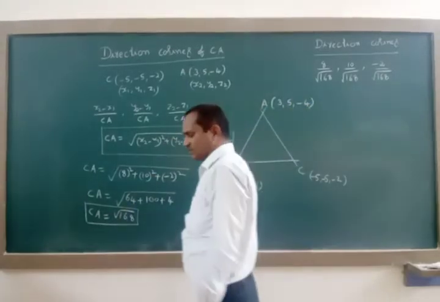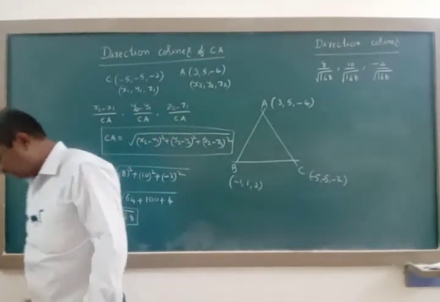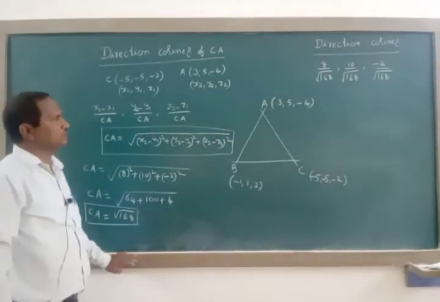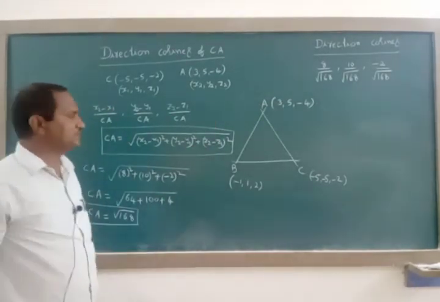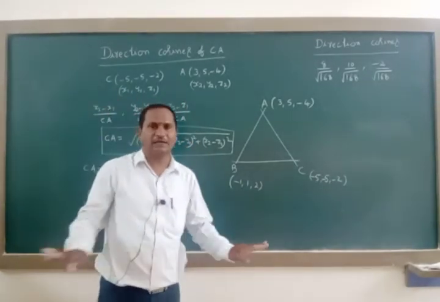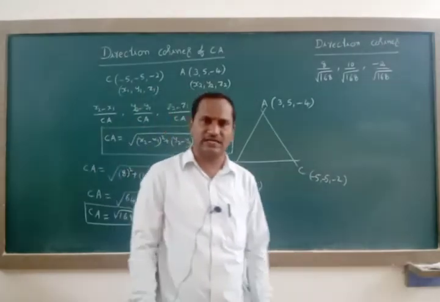Like that we are finding the direction cosines of the line segment CA. Now we have finished the direction cosines of all the 3 sides of triangle ABC, found individually.